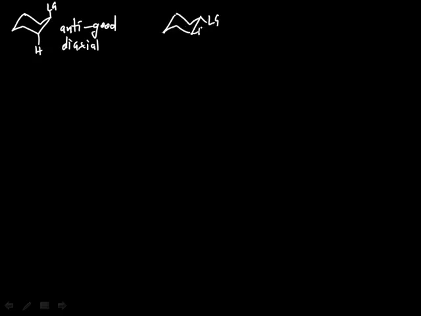This now works equally well in cyclohexane-based systems. So if we have this arrangement of substituents, this is anti-periplanar and this is good, even though this is the diaxial conformation with respect to these two groups. On the other hand, the more stable diequatorial one would be gauche, which is actually bad for this reaction.